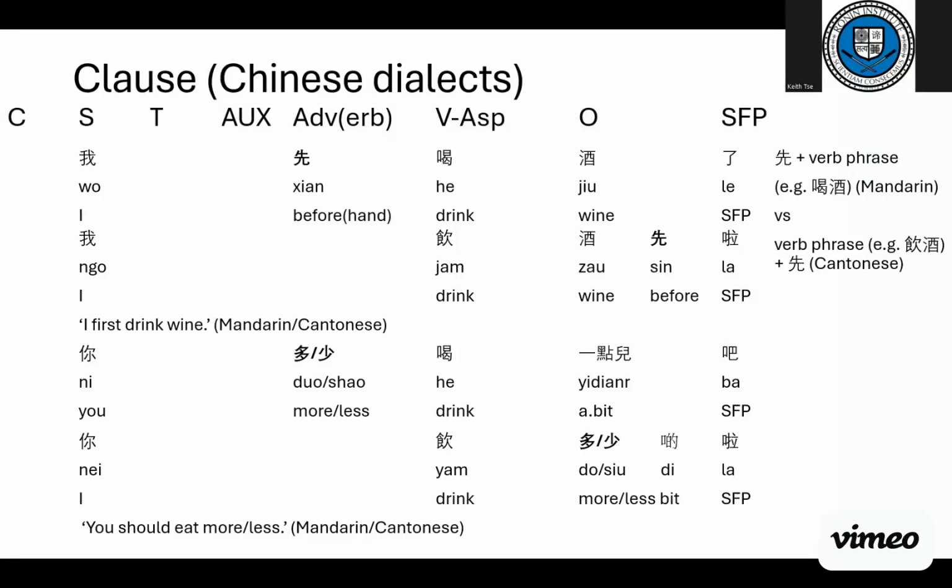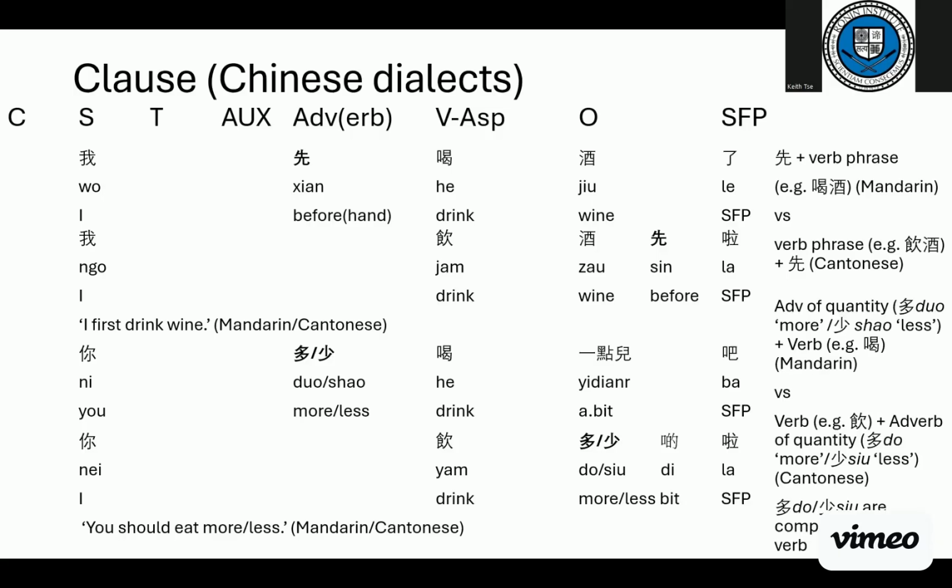So, for example, 你飲多啲啦 or 你飲少啲啦. So there seems to be a structural difference between 先 and 多 and 少, in that 多 and 少 we put adjacent to the verb, straight after the verb, before any object.